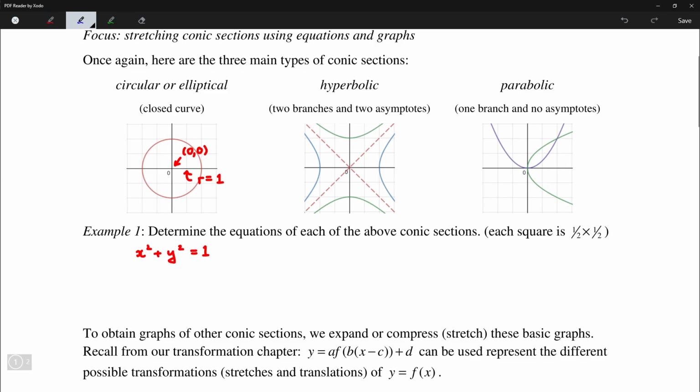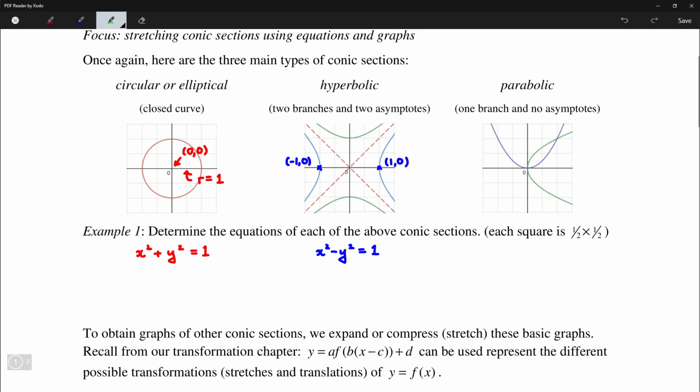For the hyperbolic graphs, we have two of them. The first one has x-intercepts at -1, 0 and 1, 0. And its equation is x squared minus y squared equals 1.